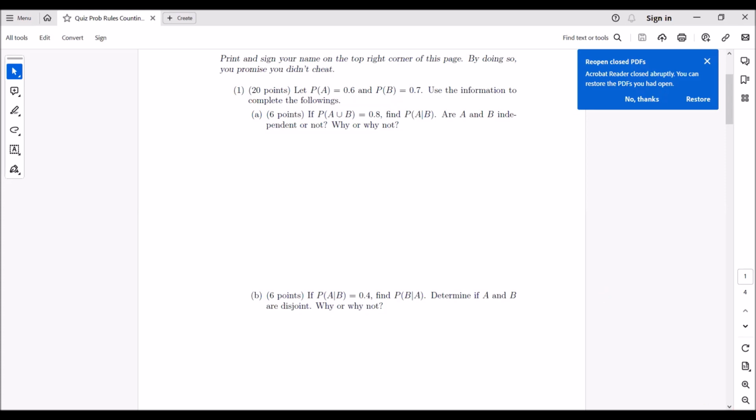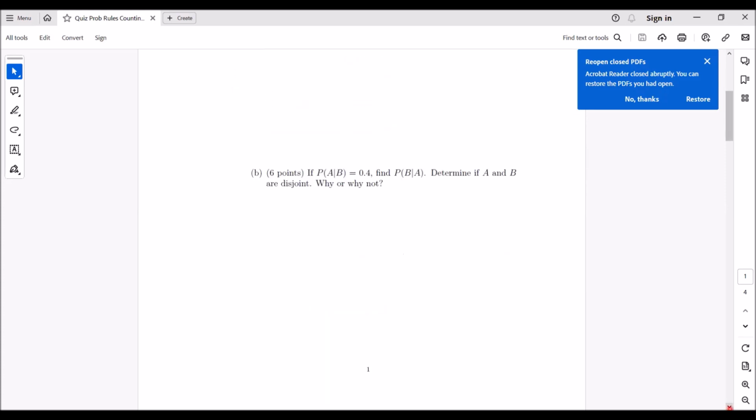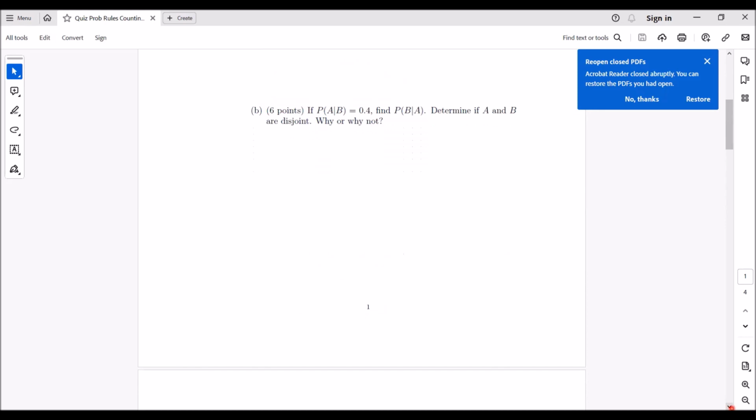All right, so let's move on to B. We know the probability of A given B is 0.4. Okay, so that tells us some information about the relation. And let's copy these two numbers.